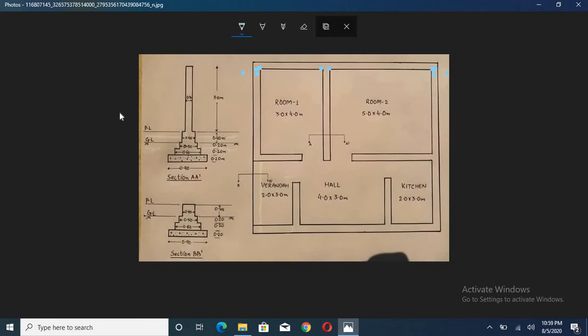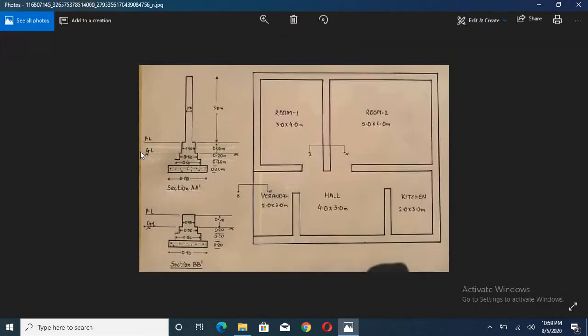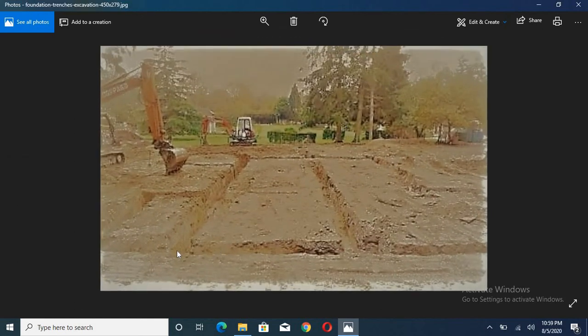Now we can see in the 3D picture. We can see in this picture our excavation is from here to here.